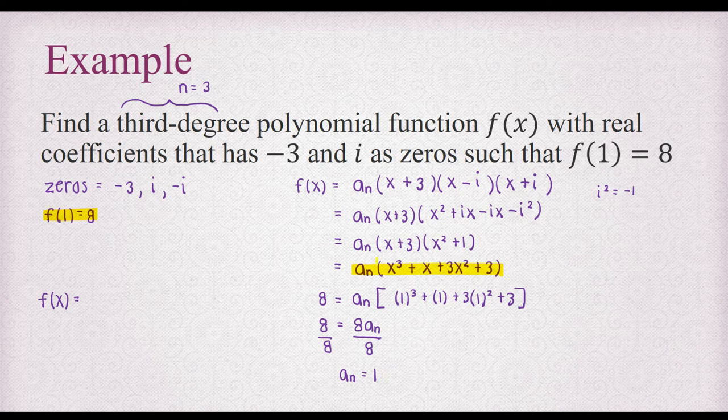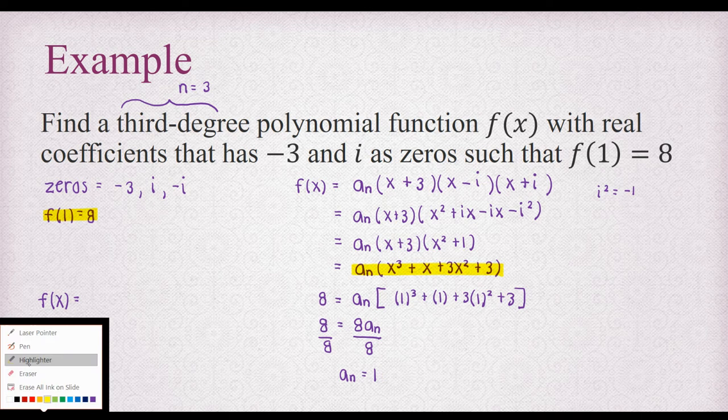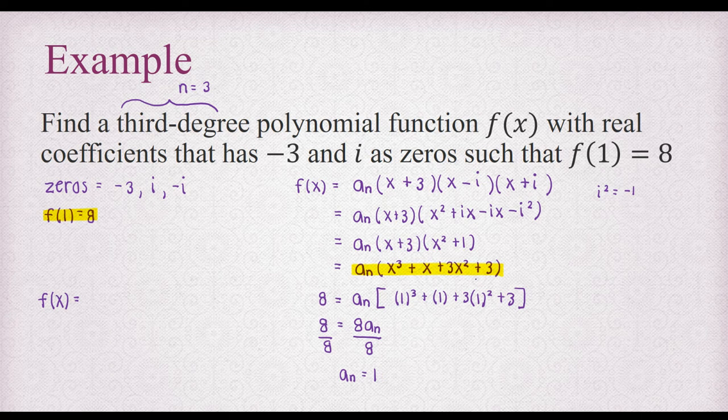Everything else is the same. If I distribute 1 to everything in parentheses, nothing's going to change. So the only thing I'm going to do with this function is rewrite it in standard form. So notice how x to the third, I should have a third degree polynomial. Then I'm going to say plus 3x squared plus x plus 3.